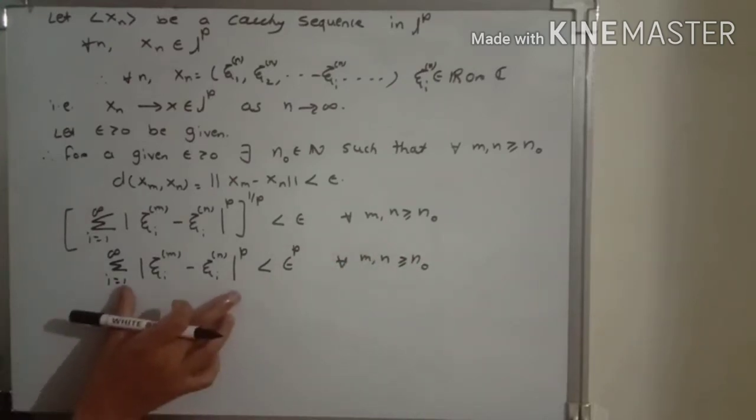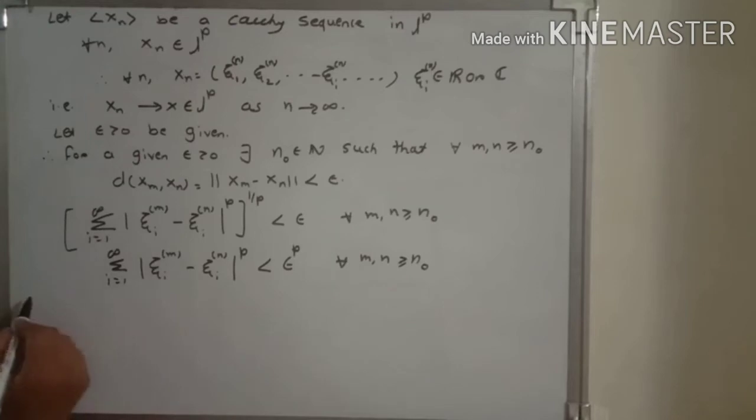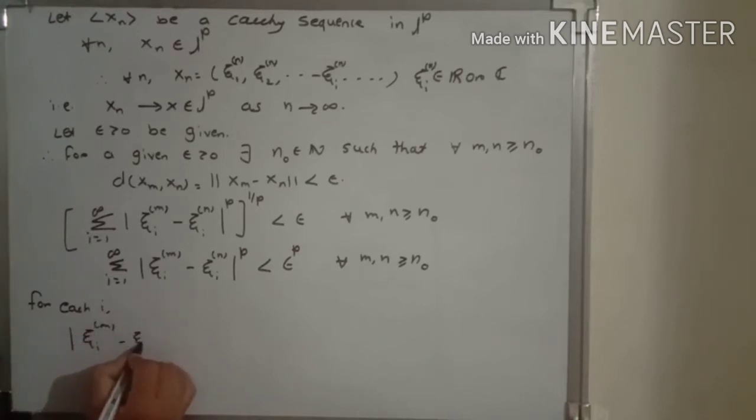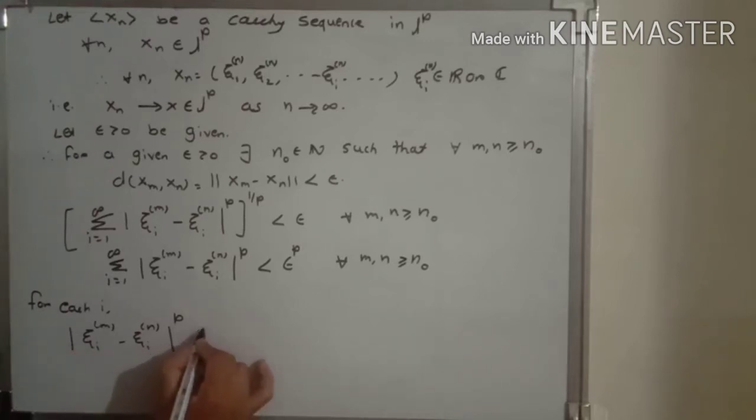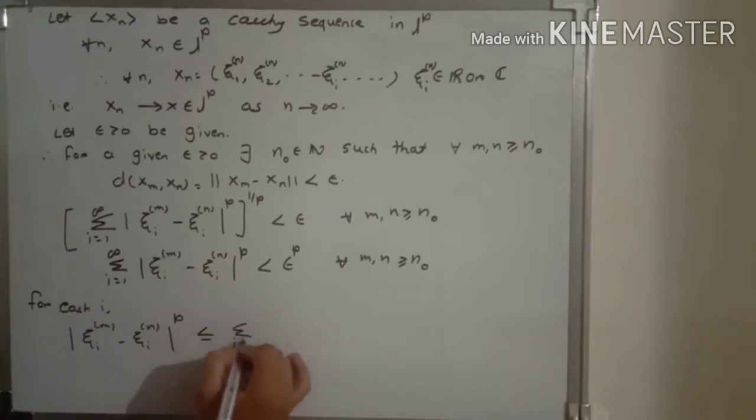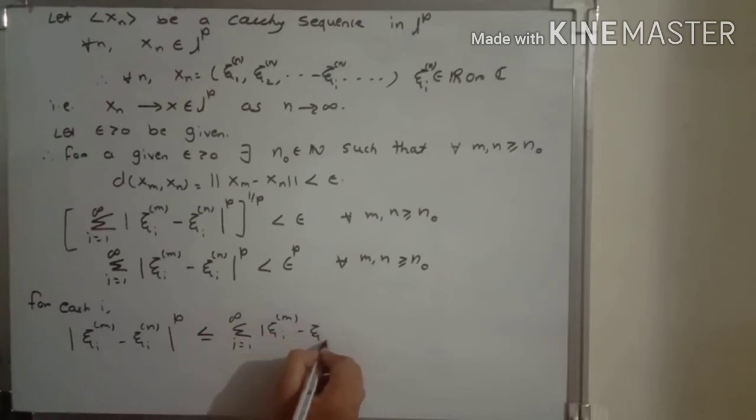In this sum, each term, that means for each i, mod of xi im minus xi n to the power p, is an absolute value, so it is non-negative, and it is always less than or equal to the summation i from 1 to infinity of mod of xi im minus xi n to the power p.